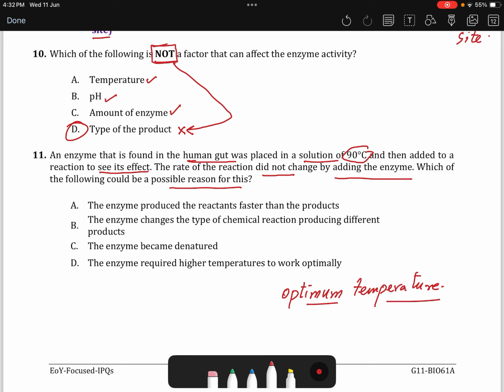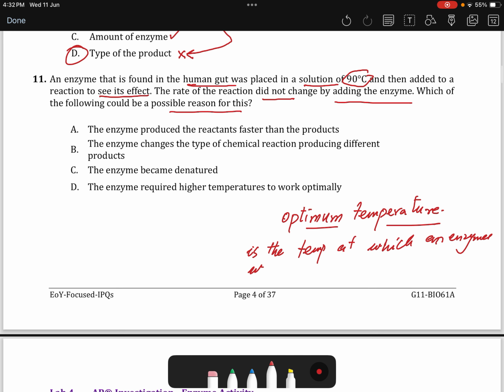Optimum temperature is the temperature at which an enzyme works at its best.